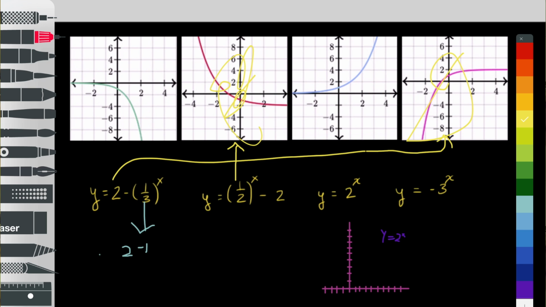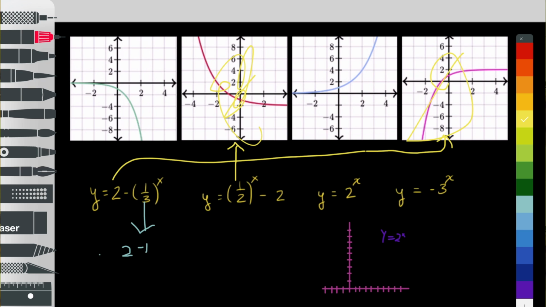So what about this one? Well, let's try y equals 2^x. This is one of the simplest ones because I already showed you down here. y equals 2^x is going to be like this one.